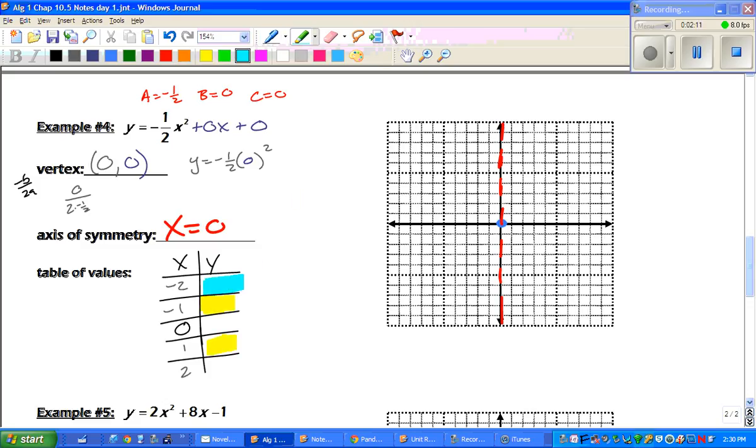Remember, these numbers are going to be the same, and these numbers are going to be the same. We already know that that's 0. So y equals negative 1/2 x squared, and negative 2 is the first number that I plug in.